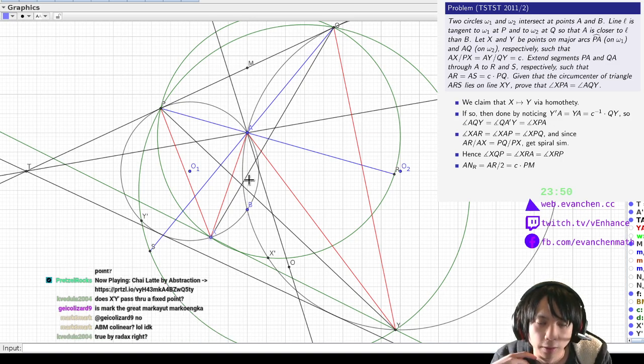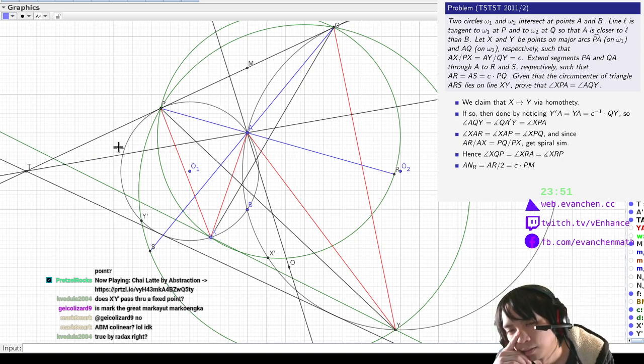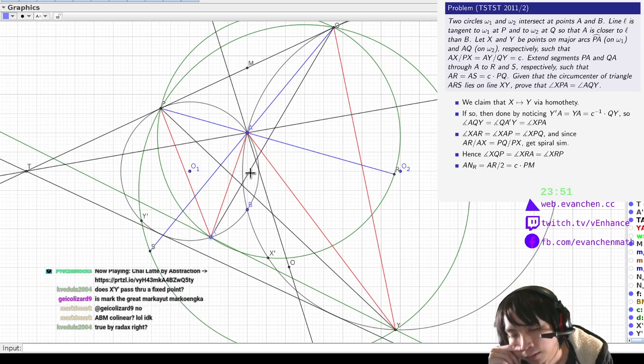The radical axis always bisects the common tangent. I just don't see why that does anything.